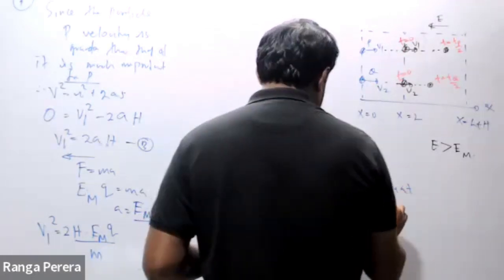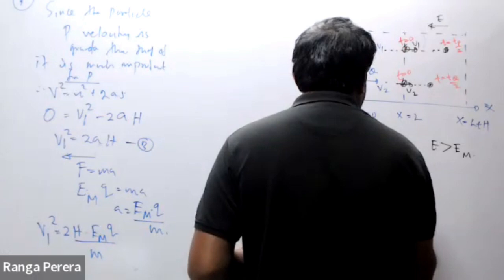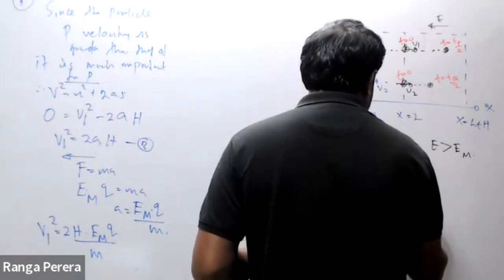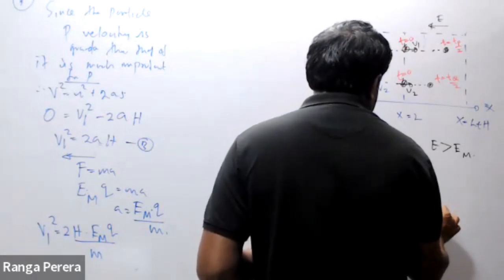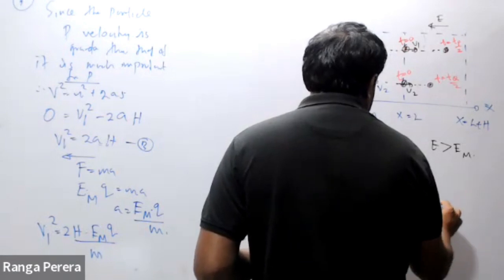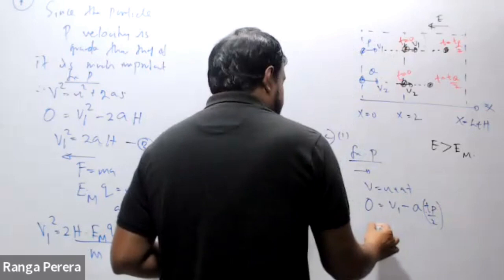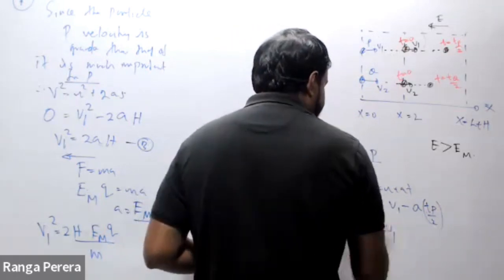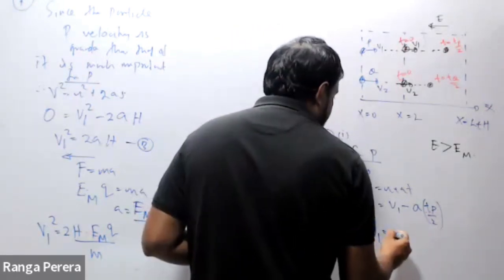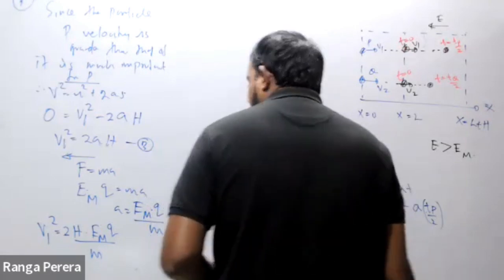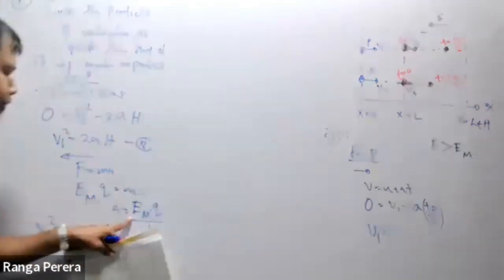Final velocity 0. Initially we have V1, minus acceleration into time, Tp divided by 2. So V1 equals acceleration into Tp by 2. Acceleration we can apply from here.